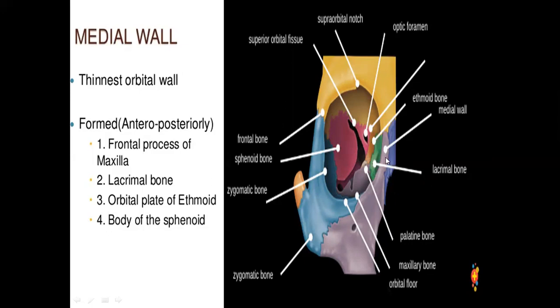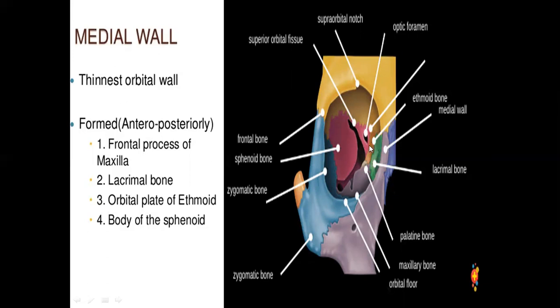It is formed by the following bones from anterior to posterior: the frontal process of the maxilla, lacrimal bone, orbital plate of the ethmoid, and a small part of the body of the sphenoid bone. These are the bones that help in forming the medial wall of the orbital cavity.